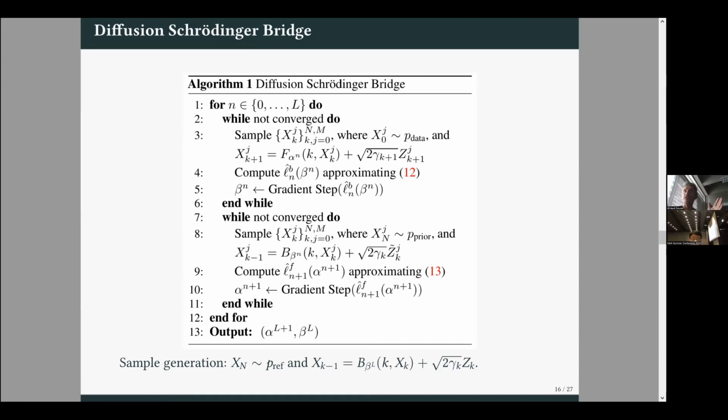Practically, what you're doing is very similar to what you're doing in a standard denoising diffusion model. In the standard denoising diffusion model, you have to train essentially one network that learns the score from time 0 to time n, but n has to be very large, okay?